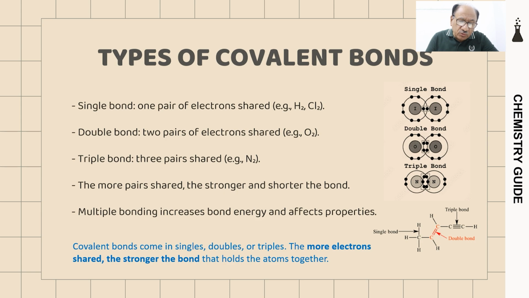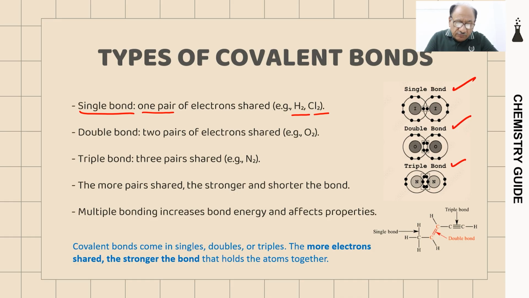Now we can go to the types of covalent bonds. There are single, double, and triple covalent bonds, depending upon the number of electrons shared. A single bond is formed by one pair of electrons shared, for example the diatomic molecules H2 and Cl2.